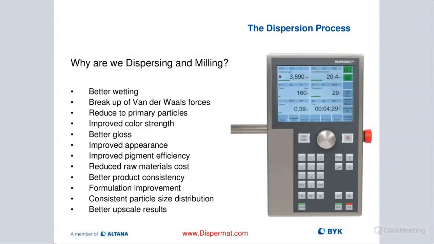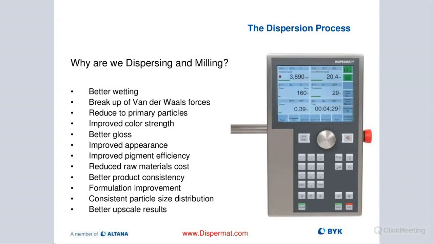So we can see improved color strength. Usually gloss is another component that's improved by doing good dispersing, as is overall appearance, but mainly our pigment efficiency goes way up, because we need to use less pigment now, because we're able to break them up and basically reduce the amount of pigments that we need to put into our formulas.